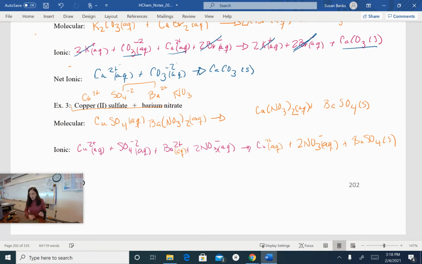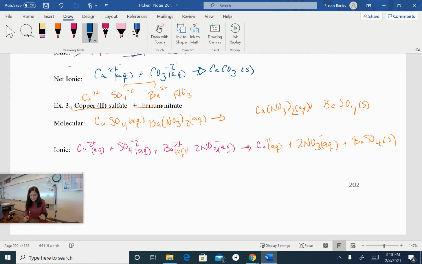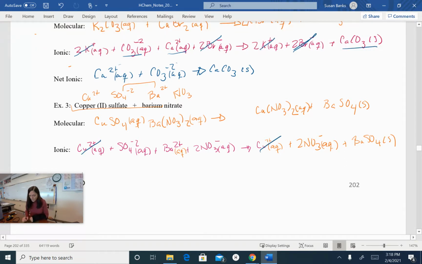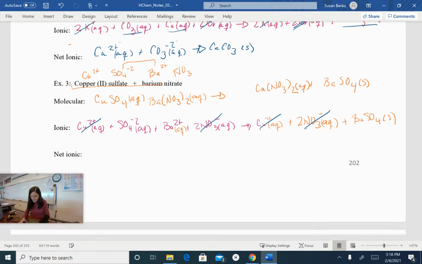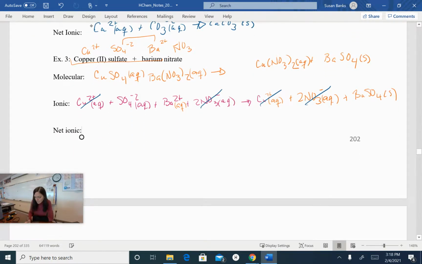Okay, so hopefully you see that there are some repeaters that we can get rid of. So we can get rid of the copper, and we can get rid of the nitrates, because they repeat on both sides. So our net ionic reaction is going to be what's left. It's going to be the barium and the sulfate going to make the barium sulfate.